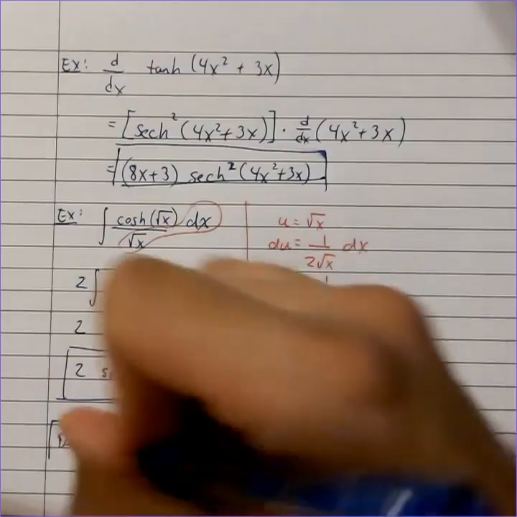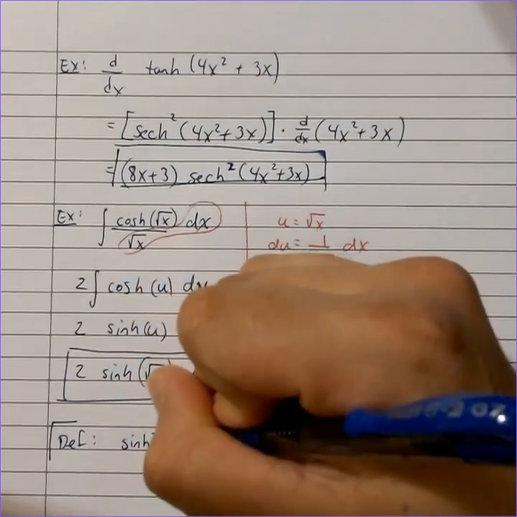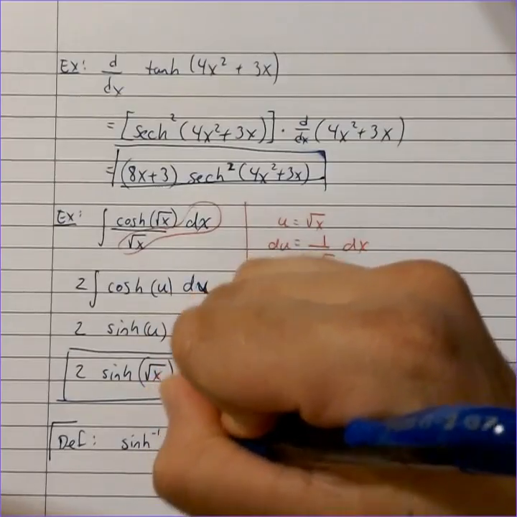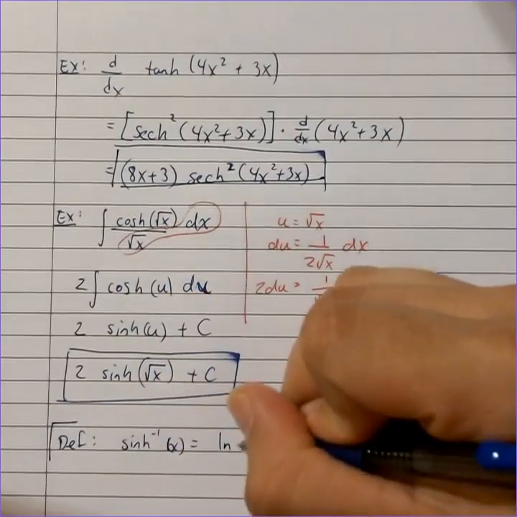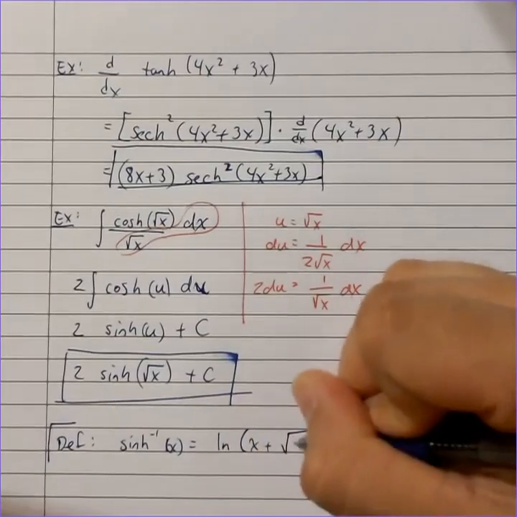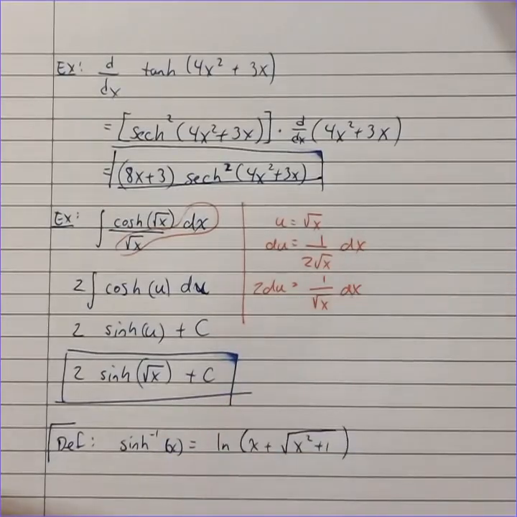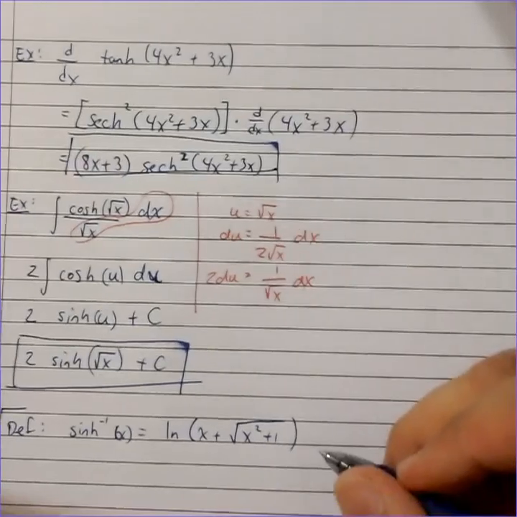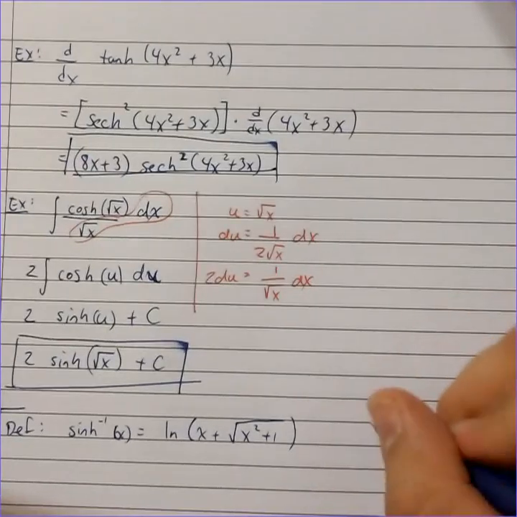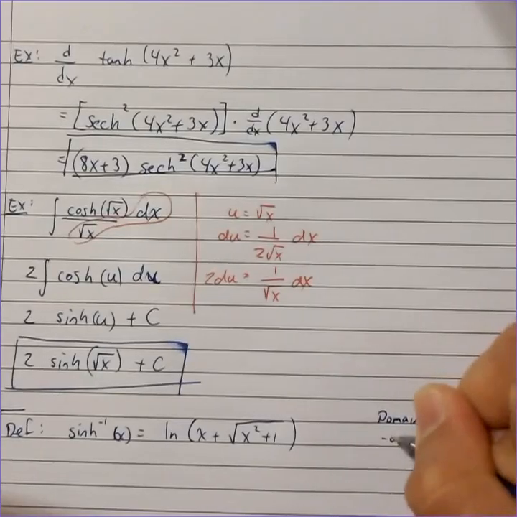So let's take the inverse hyperbolic sine function, and that's defined as the natural log of x plus the square root of x squared plus 1. And the domain of this is all real numbers. The reason we state that is because not every one of these will have an infinite domain. So here the domain is all real numbers.